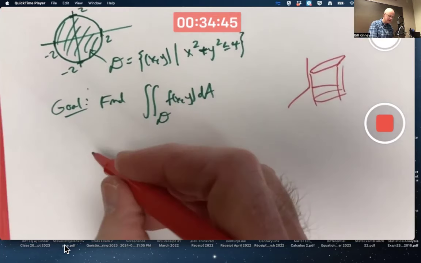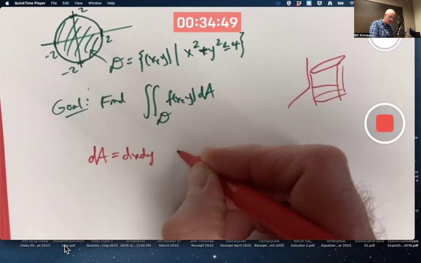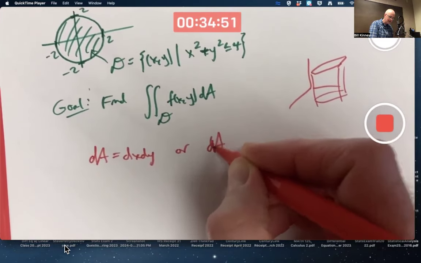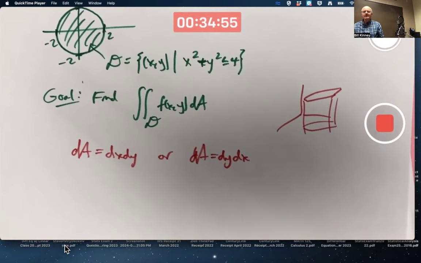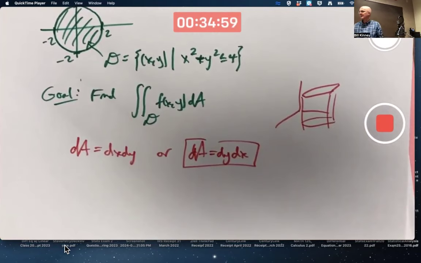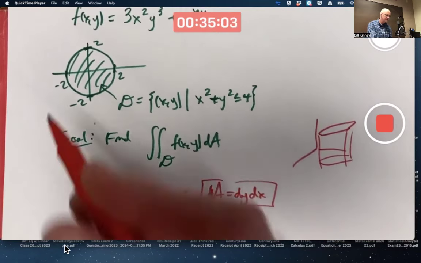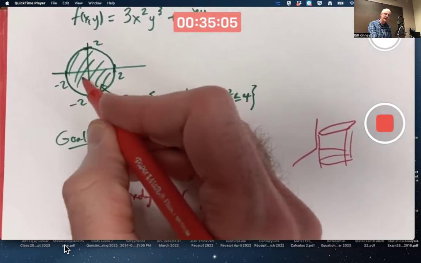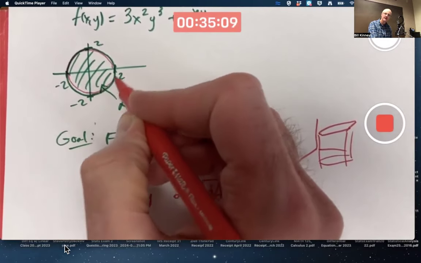either using dA equals dx dy or dA equals dy dx. And the most typical way to do it is actually the second. Because most typically, not always, but most typically, you think about your region here, D, as being between the graphs of two functions of x.